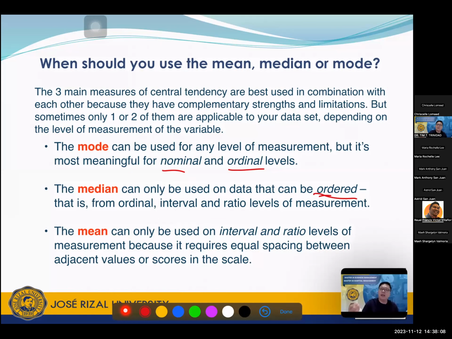It is best to describe your data using the mean. Your mean is not proper to use in nominal or ordinal levels. It is better if you use the mode as your main descriptor. Okay, you get that point.